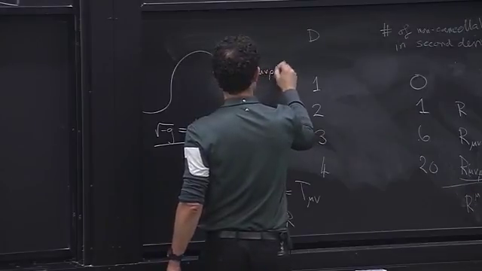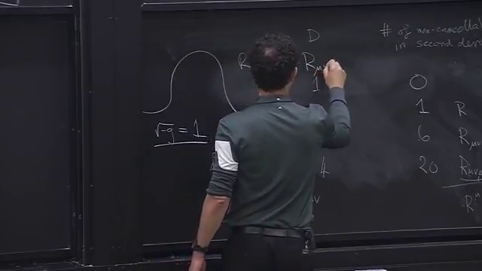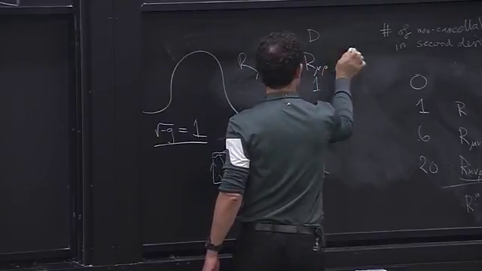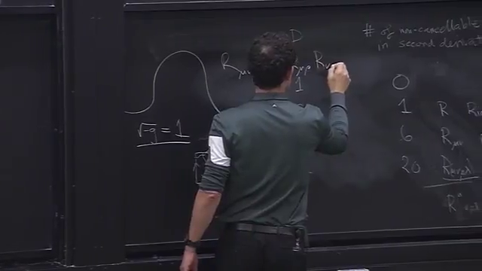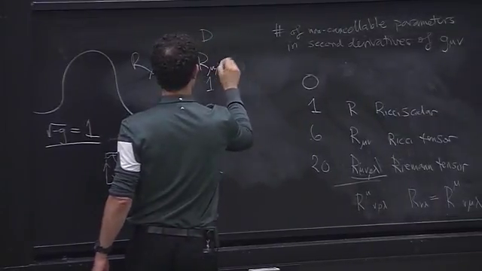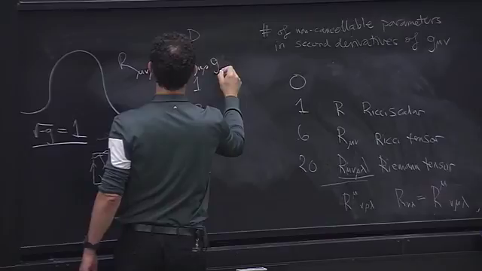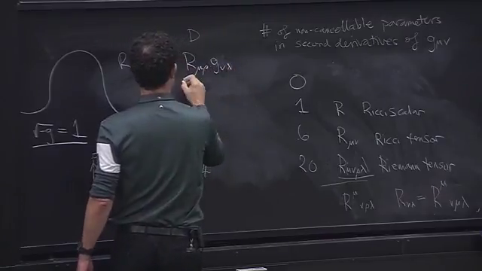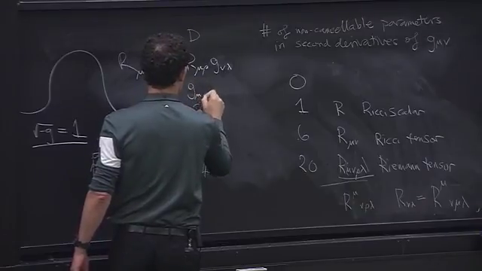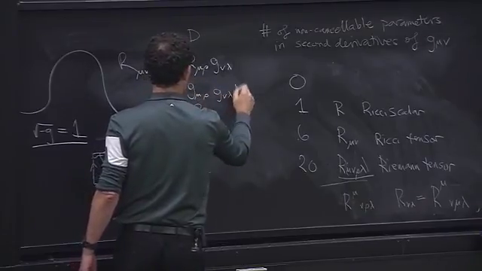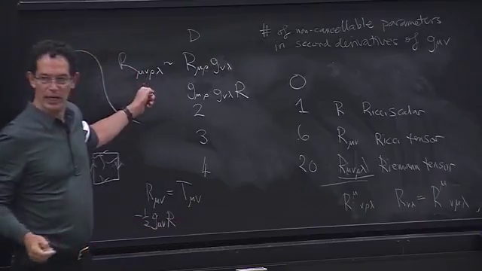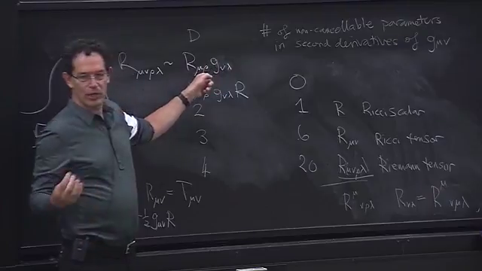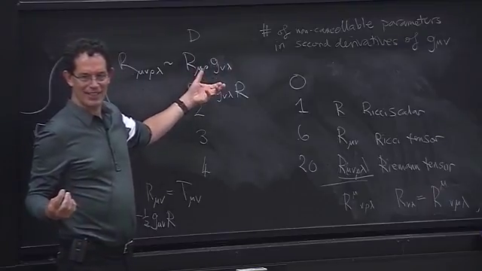You can write things like R mu rho nu lambda, and you can also write things like G mu rho G mu lambda R. So if you have a 4-index tensor, you can relate it to other 4-index tensors, which are products of 2-index tensors.